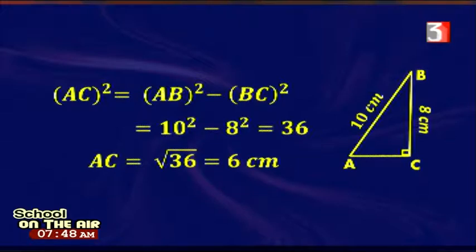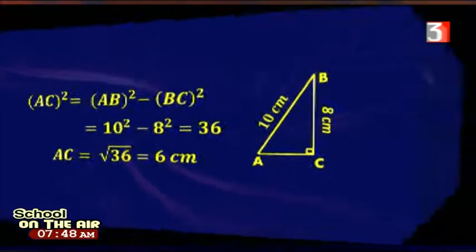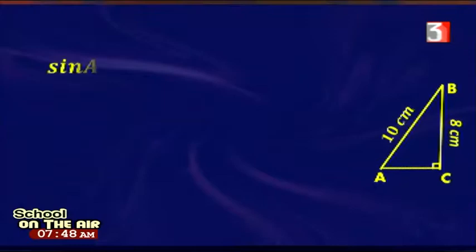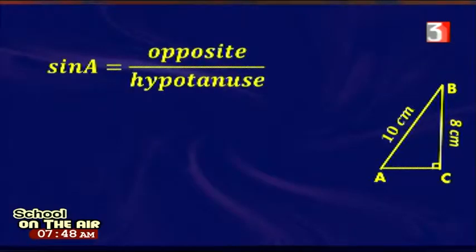Now you have the length of the three sides, AB, BC, and AC. Can you find all trigonometric ratios? What are the trigonometric ratios? It is the sine, cosine, and tan. For which angle? Either A or B. I want both of them. So let us first start to find sine angle A. Yes, sine equals opposite over hypotenuse. But what angle?